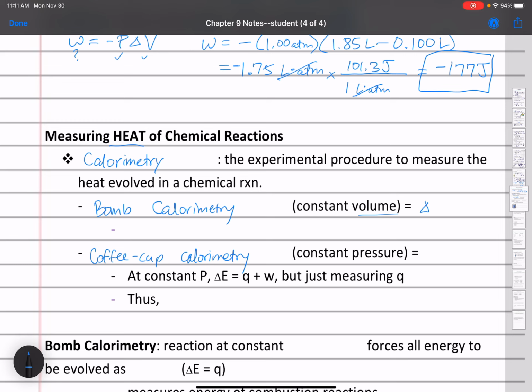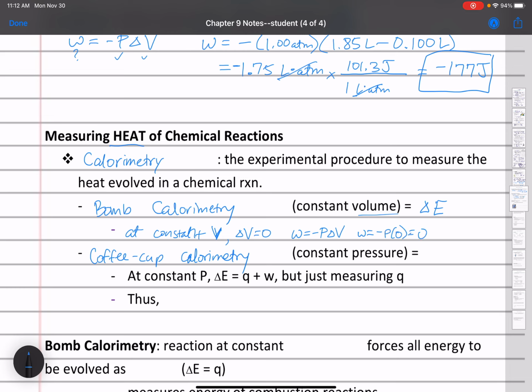All right, and so when we are doing bomb calorimetry, what we're actually calculating is the change in energy. We are measuring heat, but at constant volume, that means the change in volume is 0. So if work equals negative P delta V, then work equals negative P times 0.